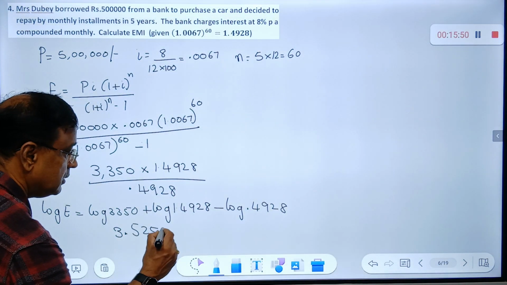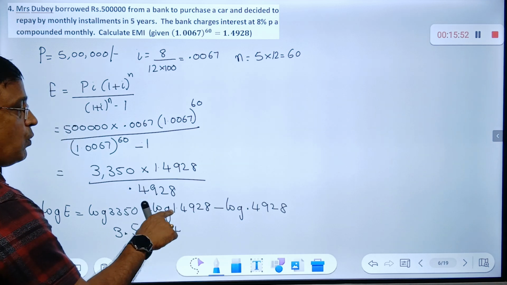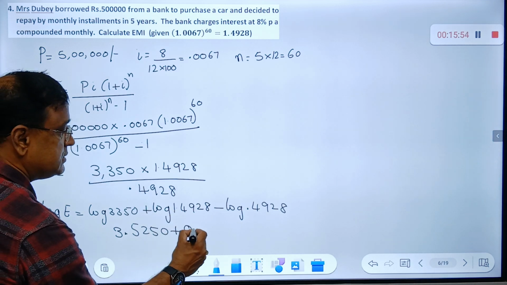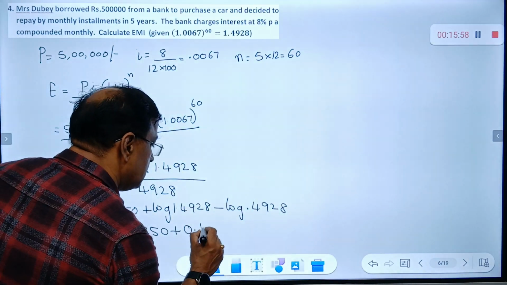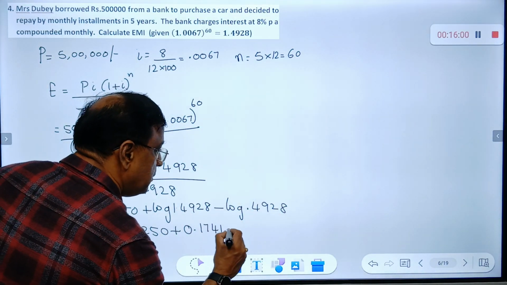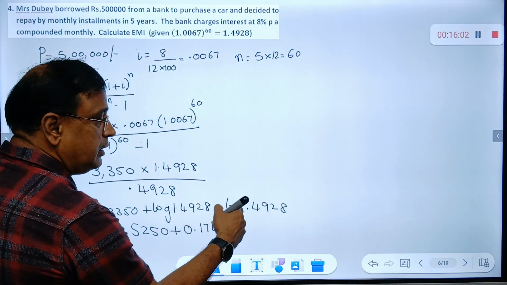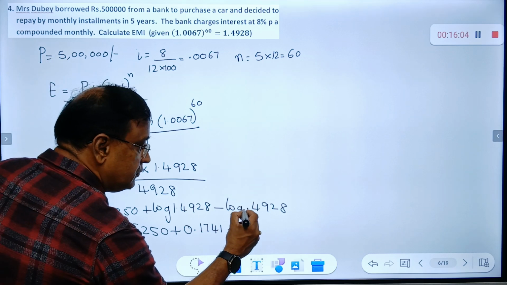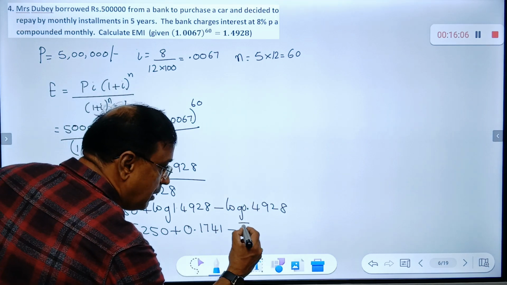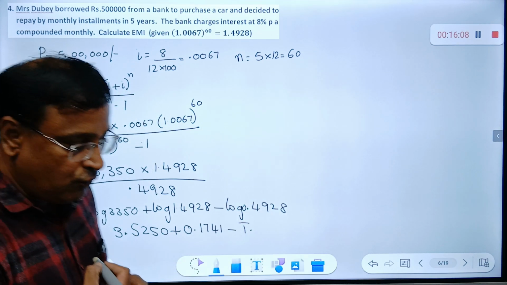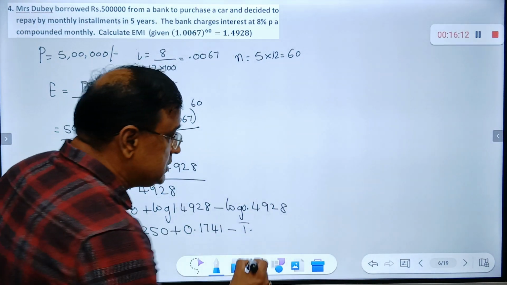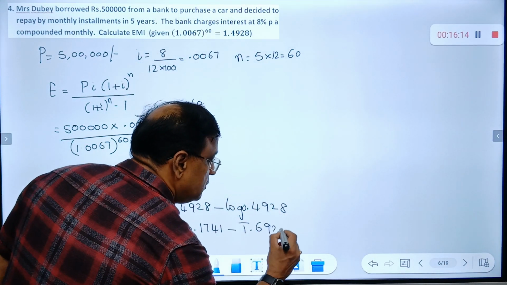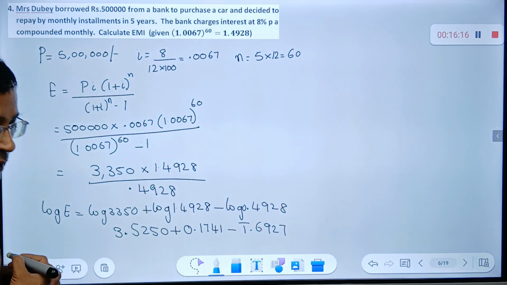I have done it. Plus, since it's a 1-digit number, the characteristic is 0. The log will be 0.1741, minus, there is no number here, so it is 0 point, so for the point it is bar 1 point. 4928 log will be 6927, bar 1.6927. Now what do you do?